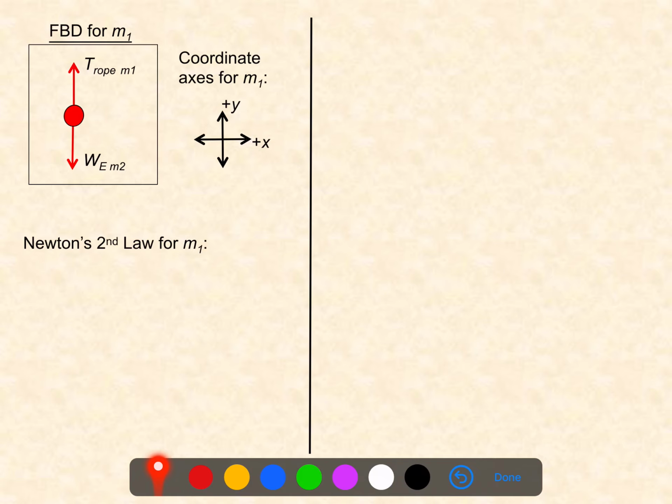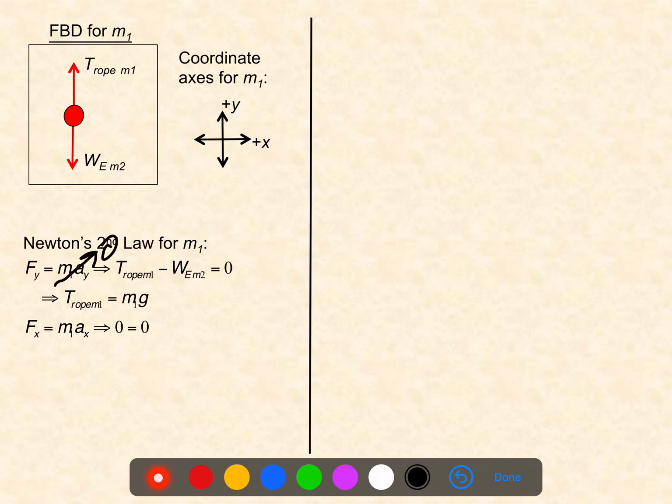When I go ahead and then apply Newton's laws, again, it's a pretty straightforward thing. Nothing is happening in the x direction, and in the y direction, since my acceleration is equal to 0, this goes away, and when I sum my forces in the y direction, I get the tension force pointing in the positive y direction and the weight force pointing in the negative y direction, equal to 0 since the acceleration is equal to 0, which then allows me to deduce that the tension on the rope should be equal to mg, where we're using mass 1 here.